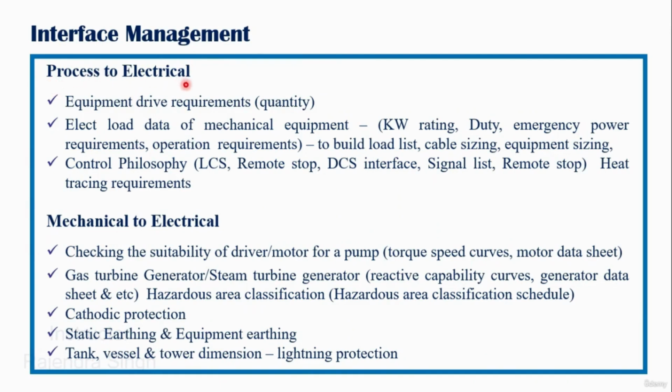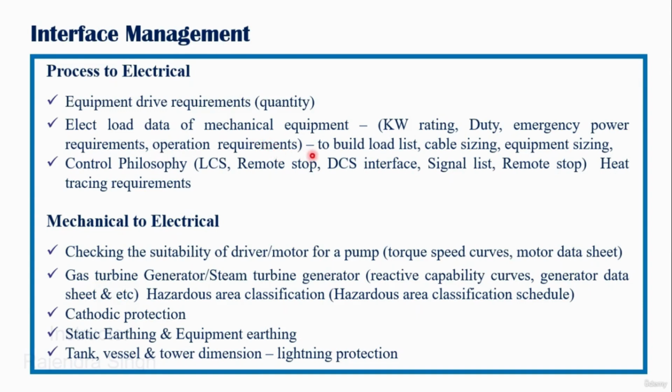So process department to electrical provides the equipment drive requirements, or an equipment list, or a load list. This is the electrical load data of all mechanical equipment, which includes the nameplate rating, duty, emergency or critical power requirement, and operation requirements.